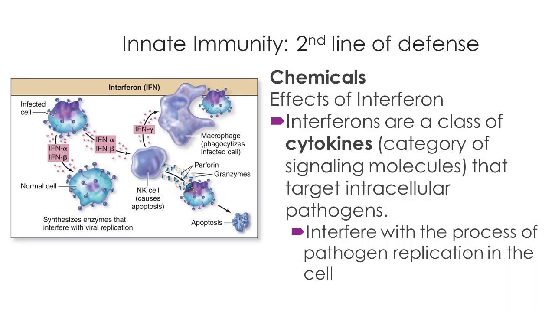And the name interferon comes from a process that this cytokine will interfere with replication of an infected cell, particularly viral replication. So you interfere with replication in a defective cell, you interfere with replication in a virally transformed cell. That's going to slow that cell down. Now the killer T can come in and finish it off.